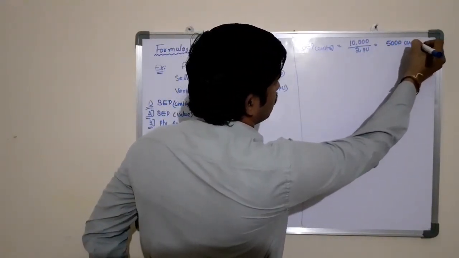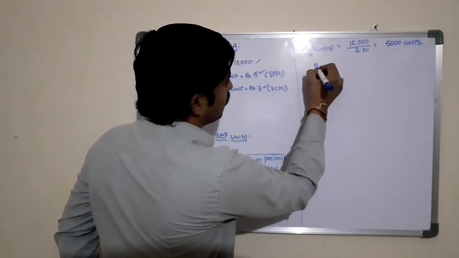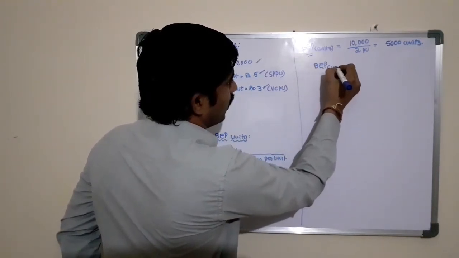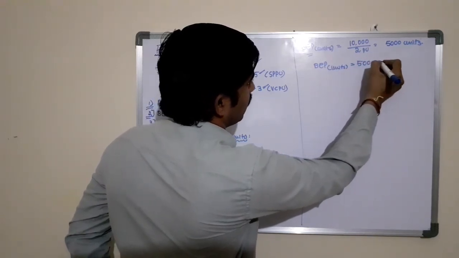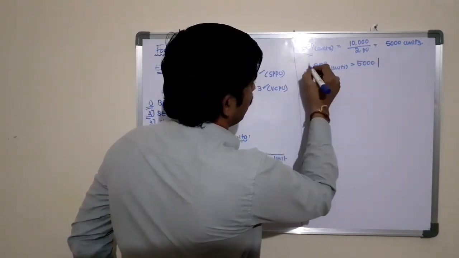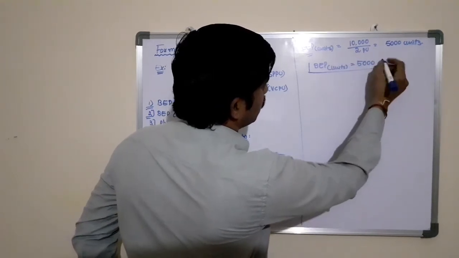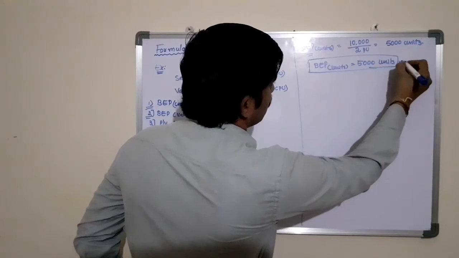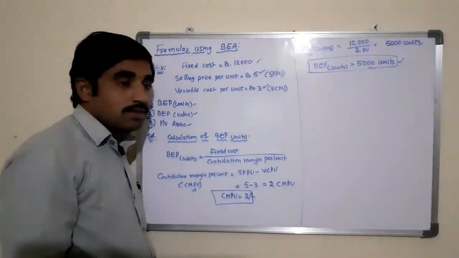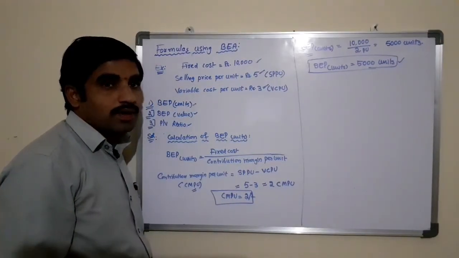What is this 5,000 units? BEP units. It means that at 5,000 units the business will attain the break-even point.